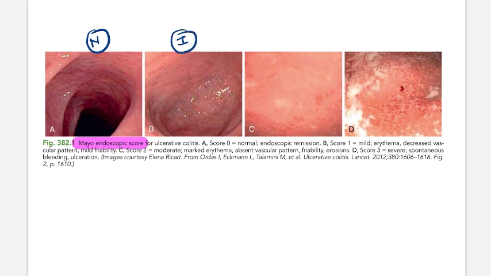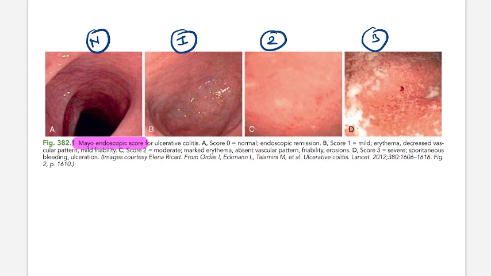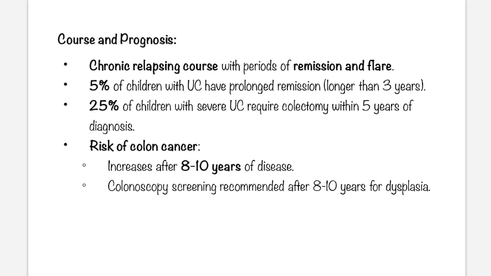This is moderate erythema with absence of vascular pattern, and score 3 is bleeding and ulceration. So just remember this picture. This is the Mayo endoscopic score of ulcerative colitis: normal, 1, loss of vascular pattern 2, and 3 with severe spontaneous bleeding and ulceration.